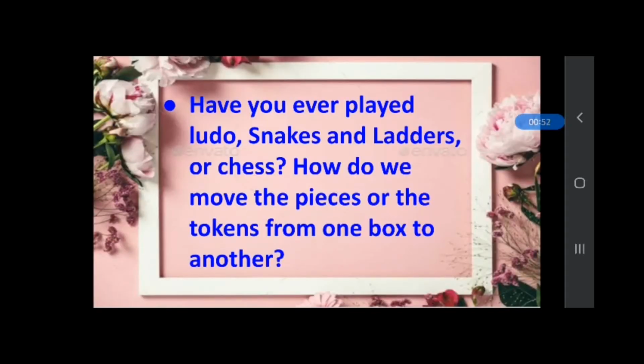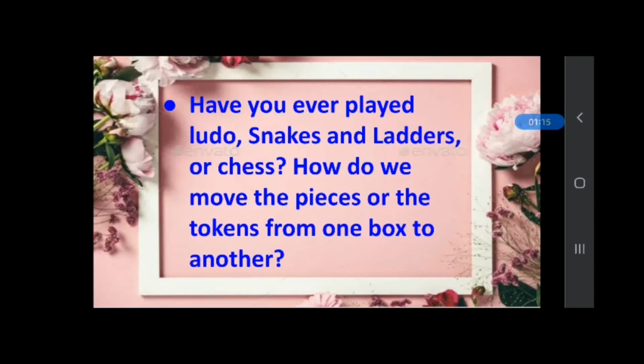Now answer this question. Have you ever played Ludo, Snakes and Ladders or chess? How do we move the pieces or the tokens from one box to another? In the game of chess, the pieces are moved in between black and white boxes drawn on the board.